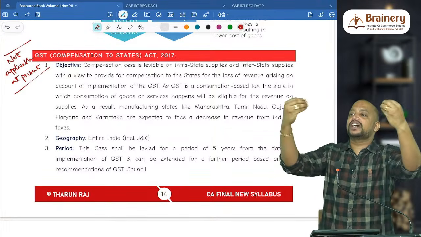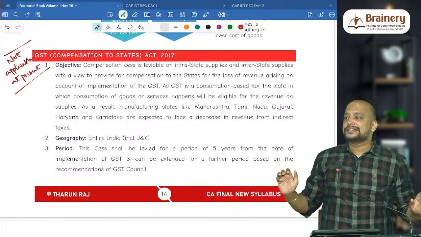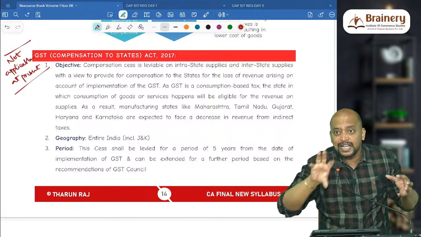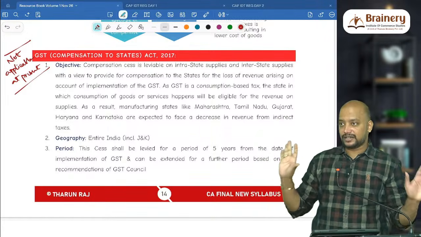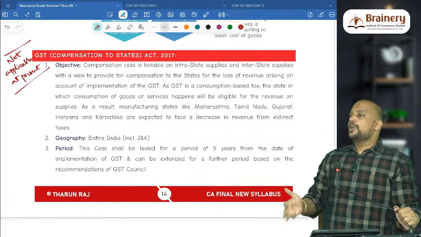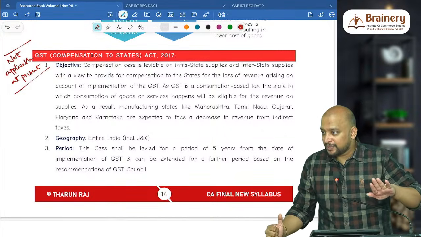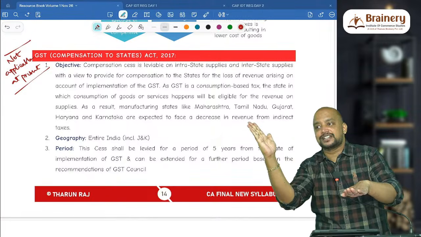For example, motor vehicle, if you sell a motor vehicle anywhere in the country, GST compensation cess used to be applicable. That revenue will be used for funding the state governments whenever they suffer loss because of implementation of GST. Got it? But this compensation cess, they have removed, and the effect got absorbed in the regular rate of GST itself.